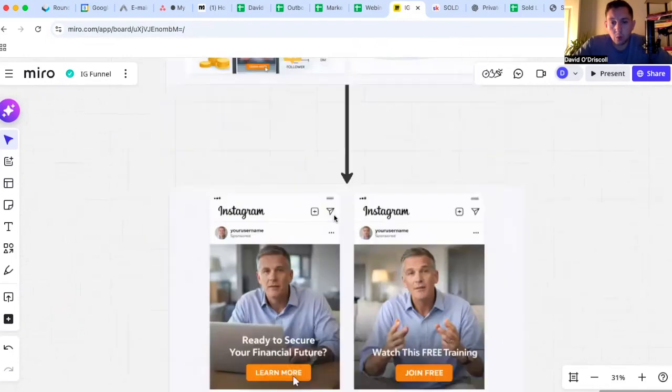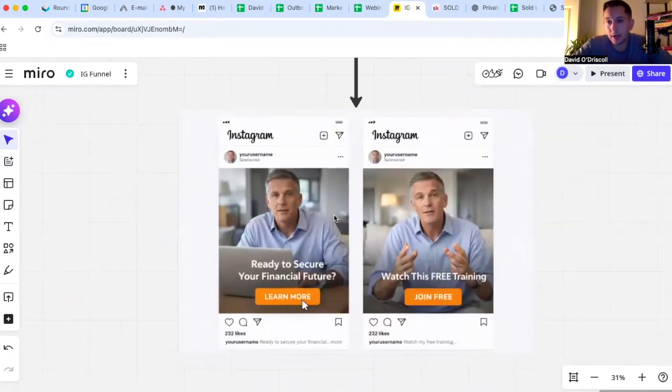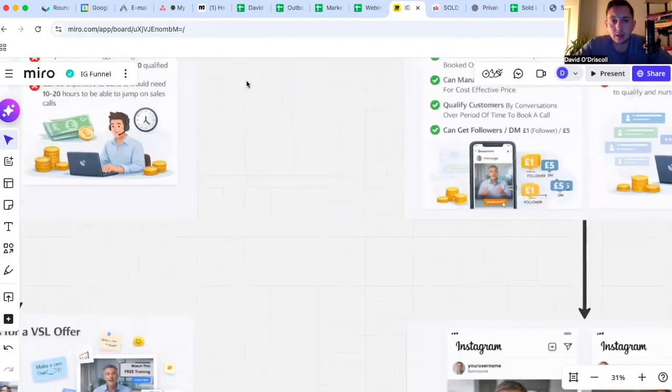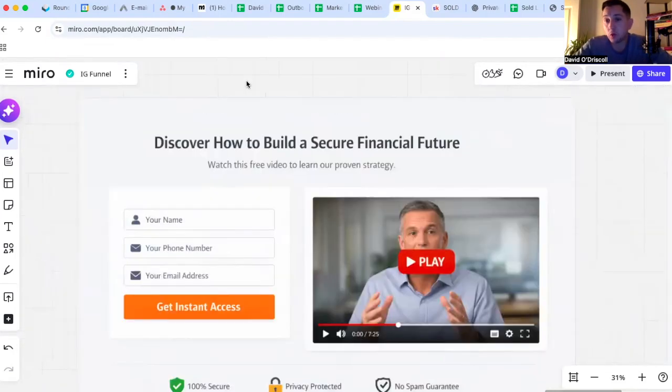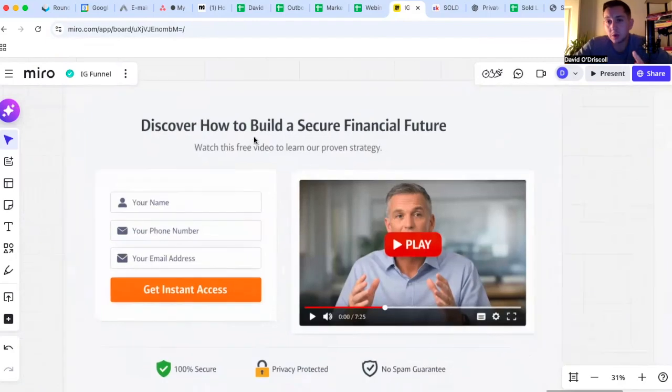Now, why I like follower and DM ads, and why I think these have come back around in most recent months, is because this here can feel very forced, but it's also designed for a specific type of business where they're at that current time.